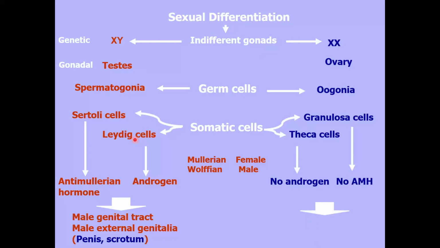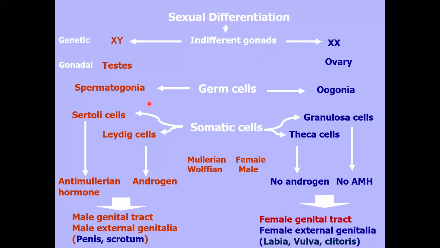Basically, it contains undifferentiated gonads, that's indifferent gonads, which will differentiate later on into a testis or ovary, and contain germ cells, which will differentiate into spermatogonia, which give rise to sperms, or the oogonia, which give rise to the oocyte, and somatic cells, which will differentiate into Sertoli cells and Leydig cells in the male, and granulosa cells and theca cells of the female, and the Mullerian duct and the Wolffian duct, which will develop either to a female reproductive system or a male reproductive system.